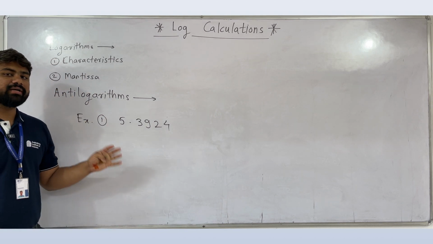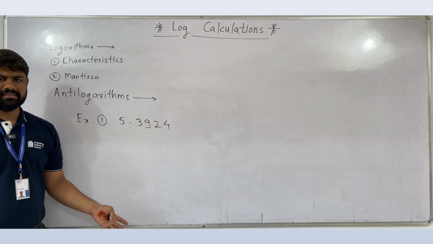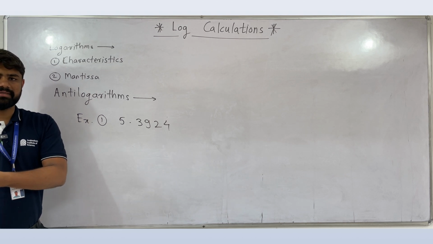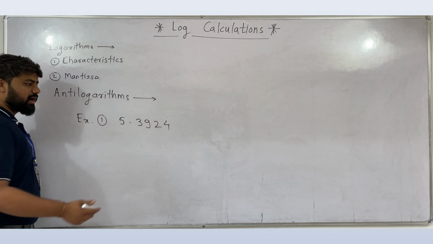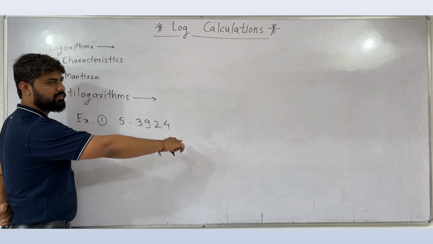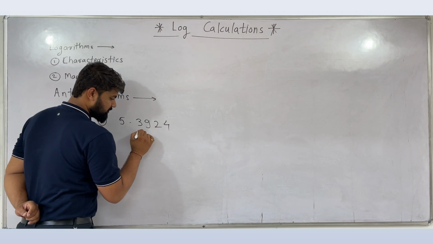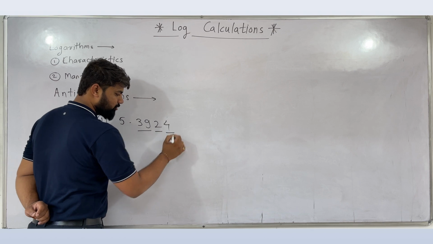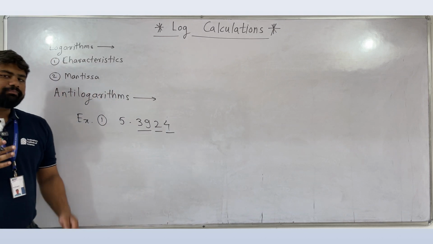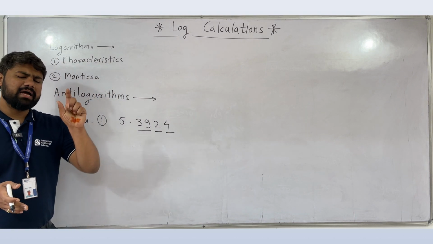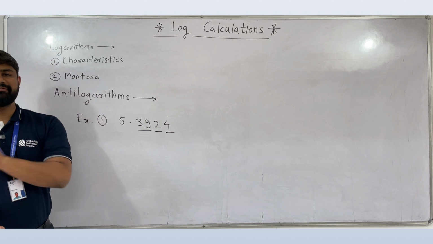We have to convert this number into 3 parts, very similar to the previous part. The only difference is that the partition is done after the decimal point, to the right of the decimal point. So we will divide it as 39, 2 and 4. The process after it is exactly as the previous chart.